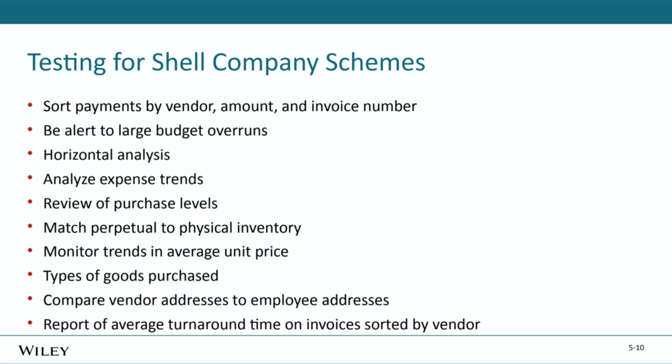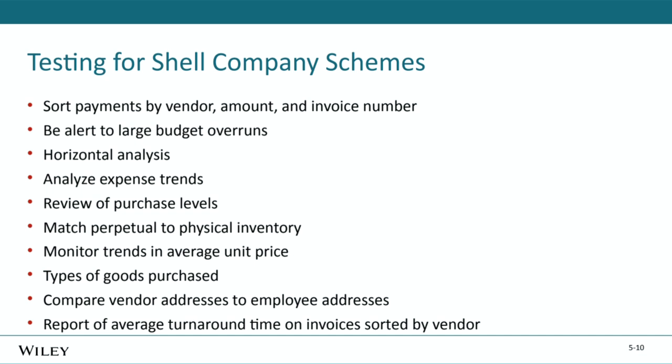Do a horizontal analysis, analyze expense trends, review your purchase levels. Is there a mismatch in your inventory? Look for trending in the pricing. What sort of goods are we talking about? Or services? If there's suddenly a peak in services, especially things that are hard to track down, photocopier repairs, consulting, etc., take a look at that.